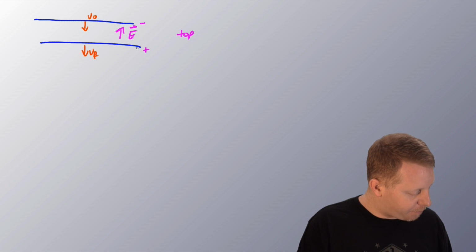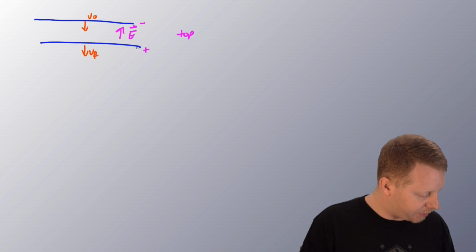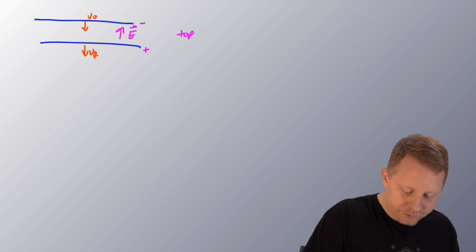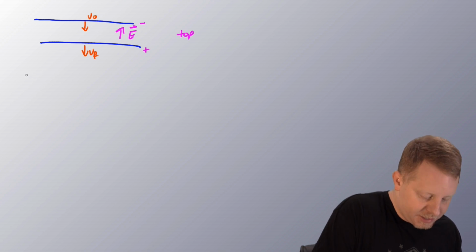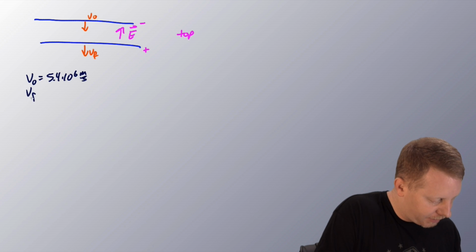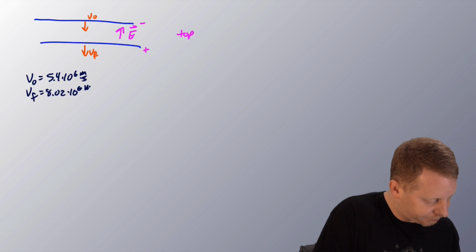For B, calculate the magnitude of the electric field between the plates. Well, a couple ways we can do this. I might go with the kinematics version. We know the initial velocity of our electron is 5.4 times 10 to the 6th meters per second, and its final velocity is 8.02 million meters per second.